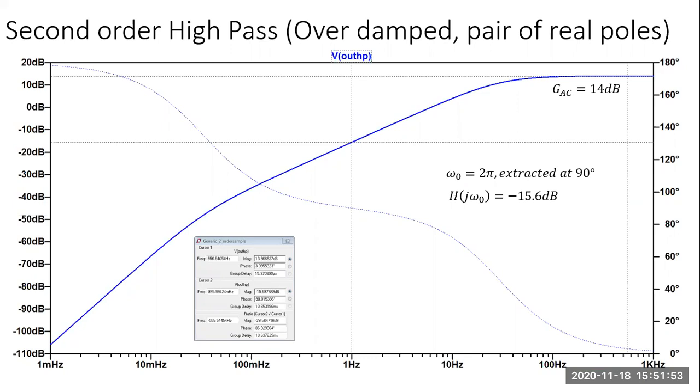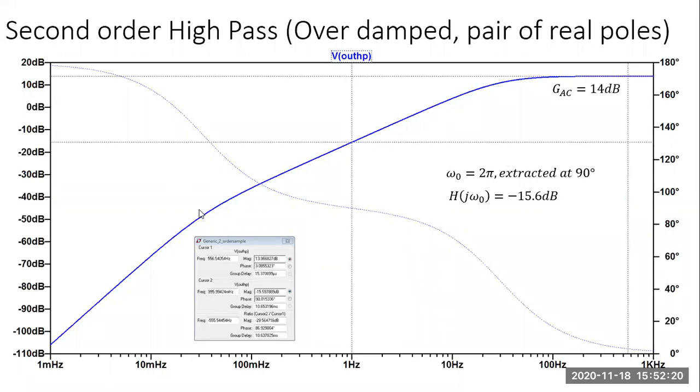So we did low pass and high pass first order, and then we did overdamped and underdamped for the low pass. I want to make sure I don't run out of time and talk about the notch filter and the band pass, which are trickier.